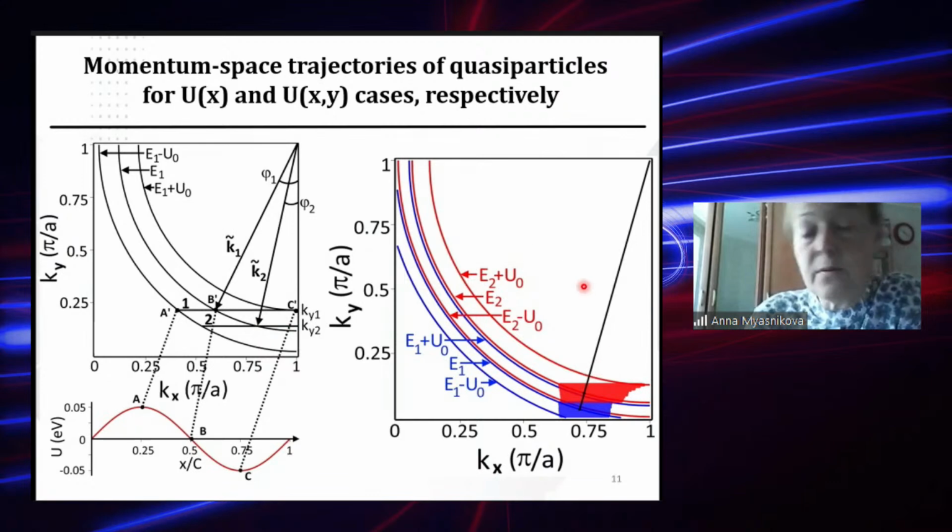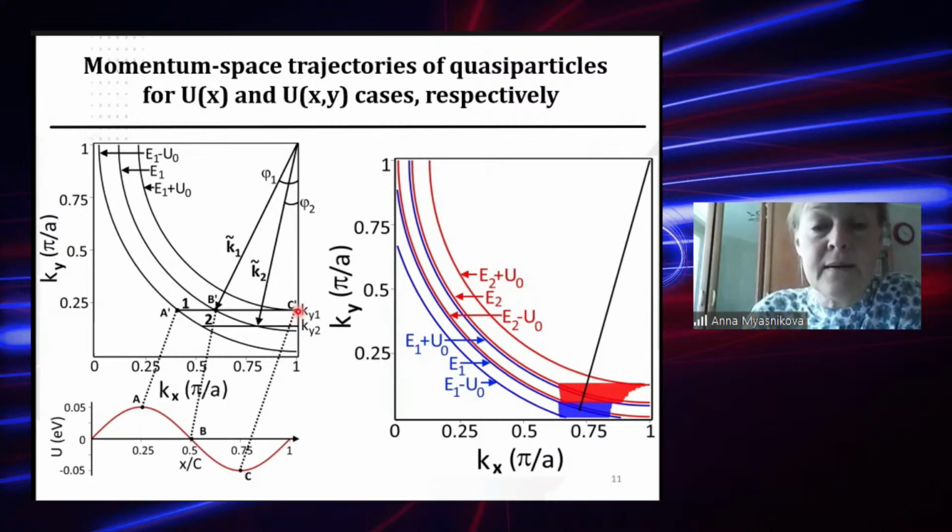A similar situation occurs in the two-dimensional case. Here these quasi-rectangles are the momentum space trajectory, and if the Fermi surface angle is smaller than shown here, the quasi-particle also cannot exist. It is forbidden by the cuprate hole-like dispersion. We can construct angle-resolved photoemission spectroscopy spectra.